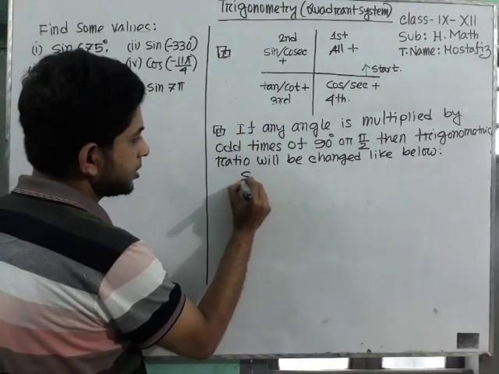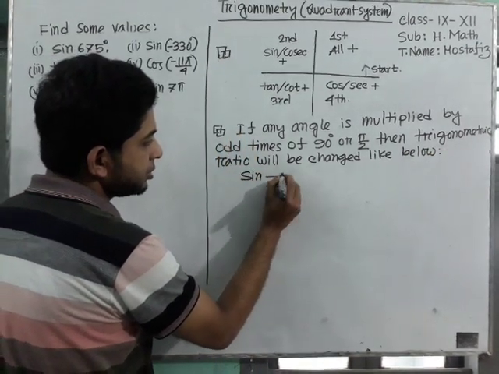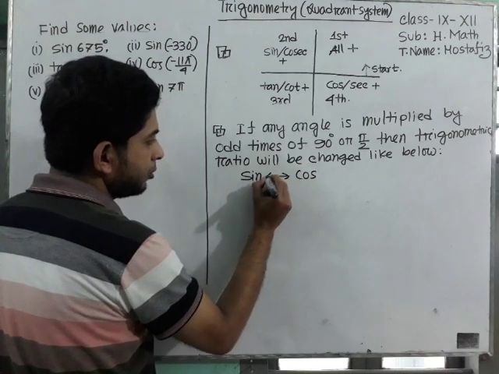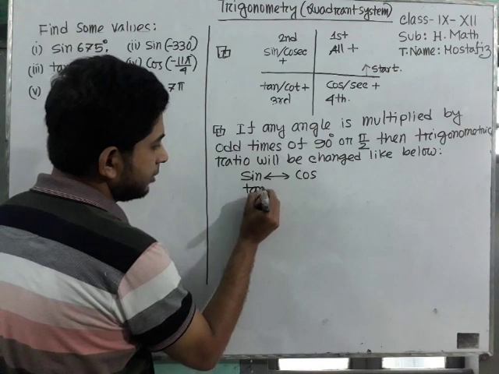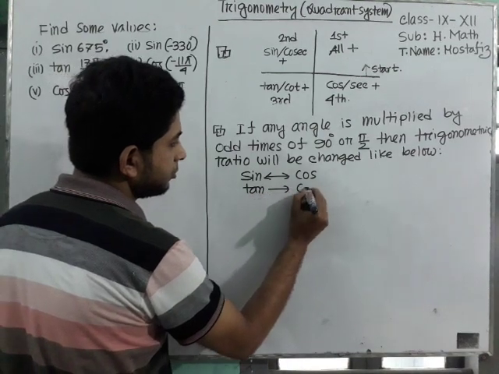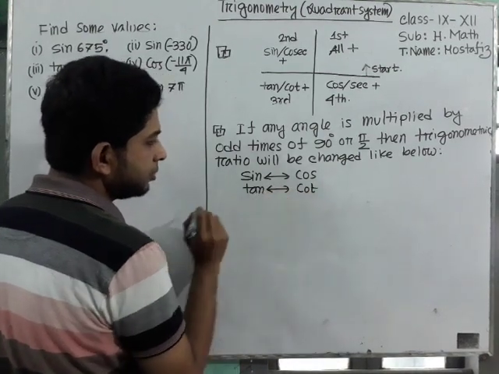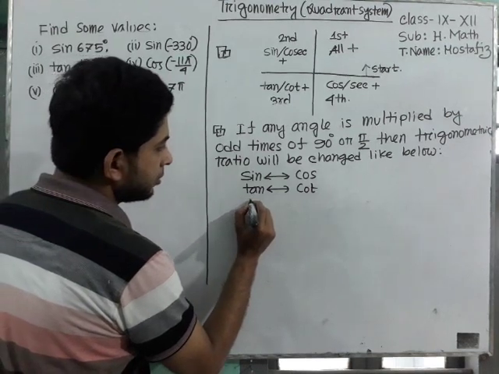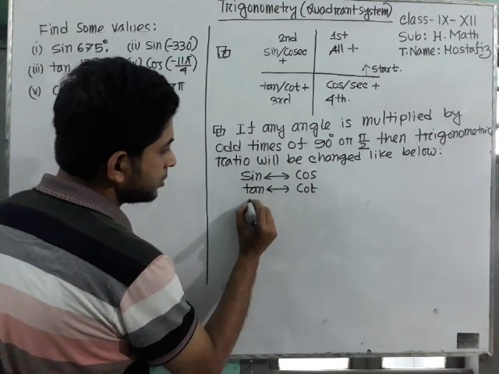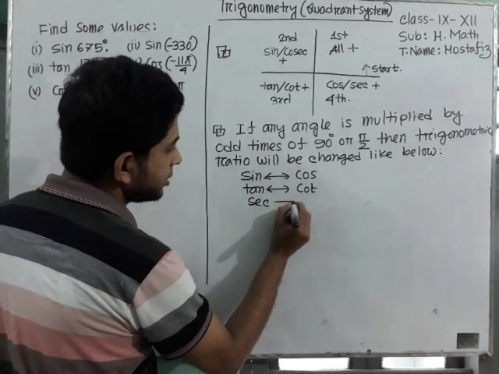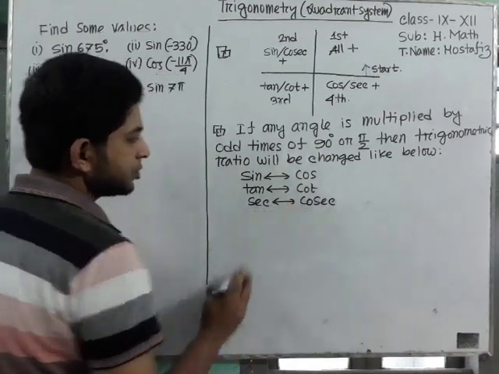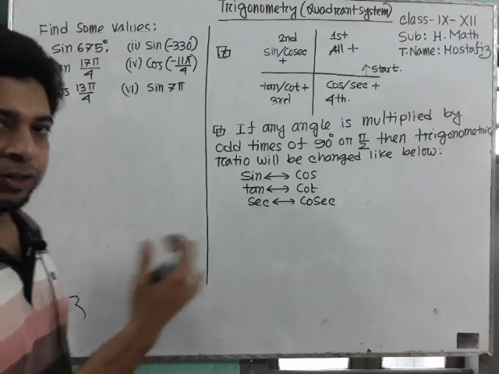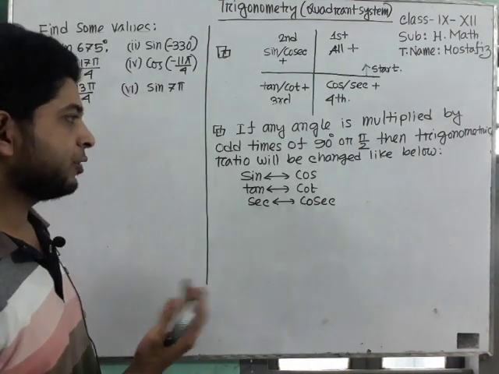Suppose sine, it will be changed to cos, and cos it will be changed to sine. Tan, it will be changed to cot, and cot it will be changed to tan. Sec, it will be changed to cosec, and cosec will be changed to sec. I will show you later how it will be changed.